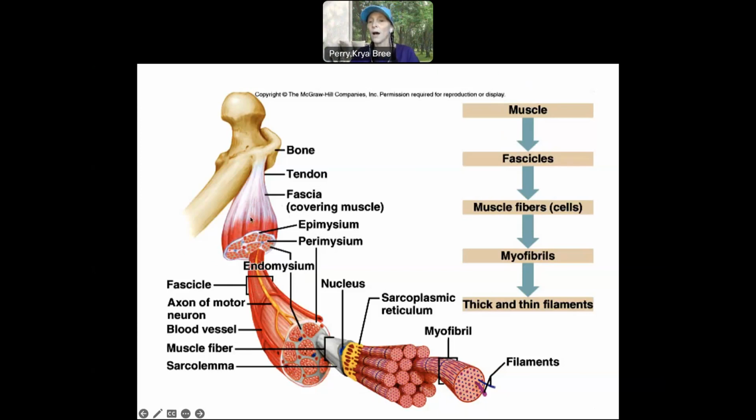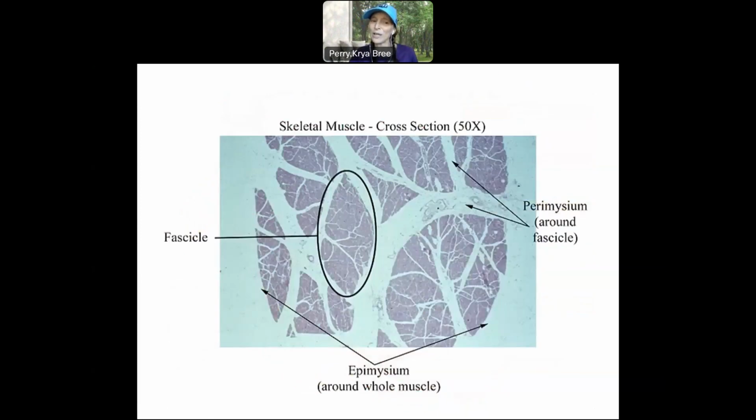Hopefully that will help you remember some of these as you get into looking at the cross sections of these muscles. Here you can see a skeletal muscle cross section.